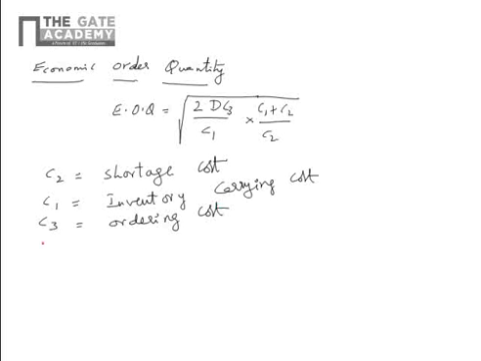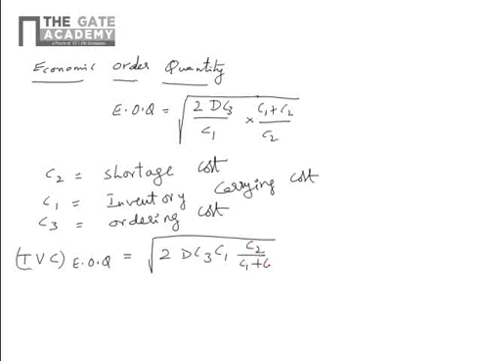In this case again, the total variable cost at economic order quantity is equal to the square root of 2D C3 C1 into C2 by C1 plus C2. Simple.